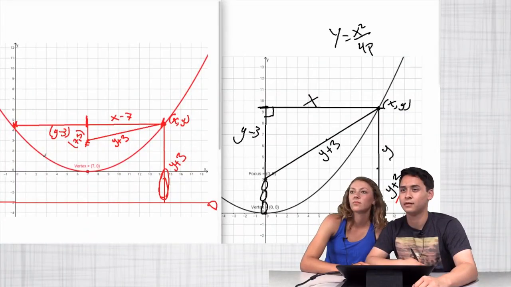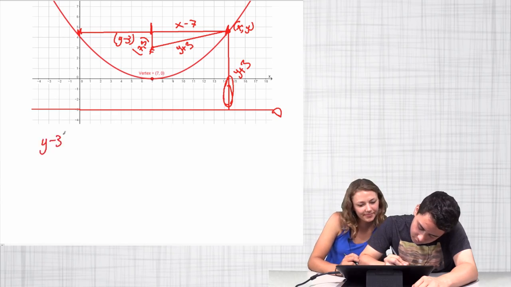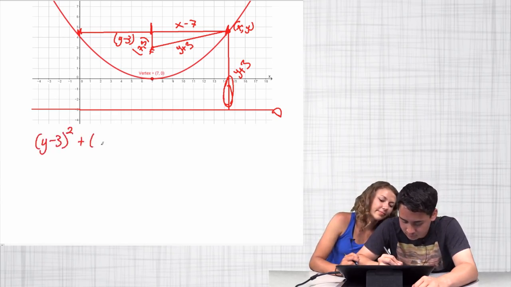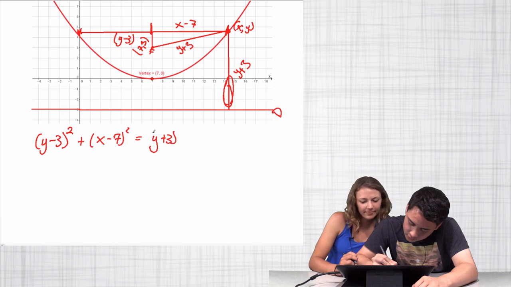Are you ready to do the algebra? Yeah. We're ready. So y minus 3 squared plus x minus 7 squared equals y plus 3 squared.